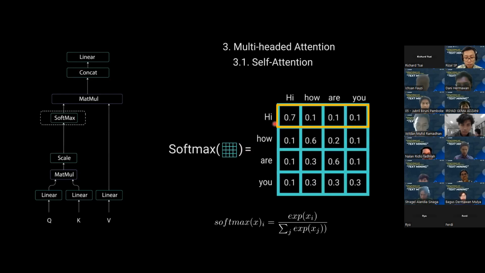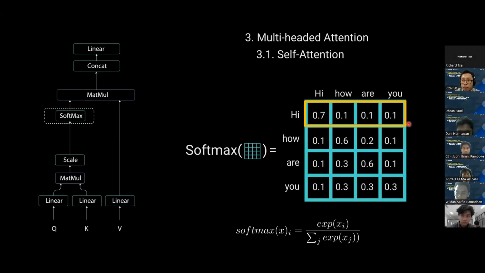To ensure that each row behaves like a probability distribution, where the sum of attentions in each row adds up to 1, we apply the softmax function to each row. As previously explained, the softmax function enhances the largest value while maintaining the smallest value.